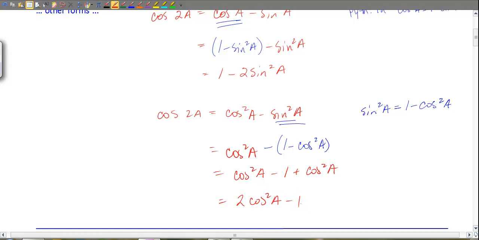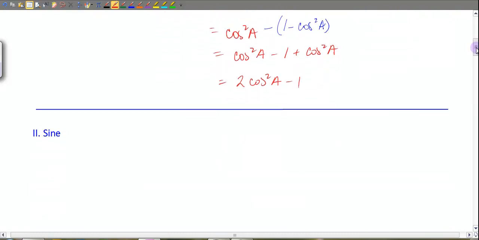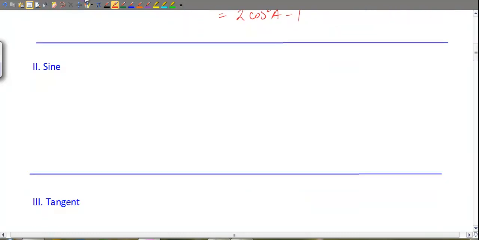Now I'll show you in a minute all of these identities summarized, but that's how you could derive just the cosine double angle identity. Let's do the same thing for sine. Again, we're going to let A be equal to B, and we're going to start off by saying, if I have the sine of A plus B, then I can rewrite that.